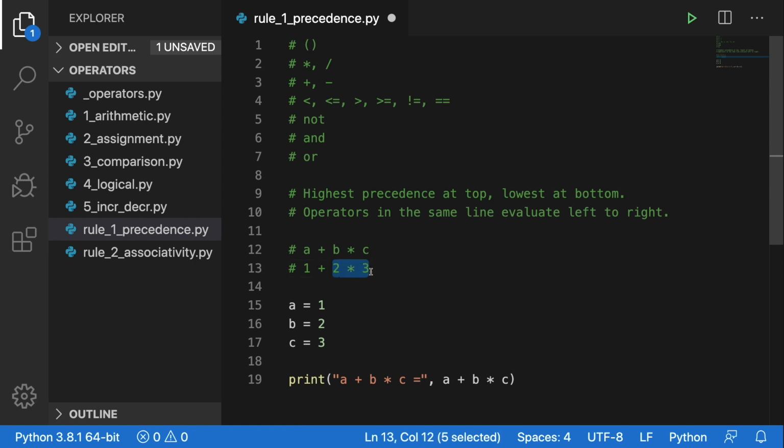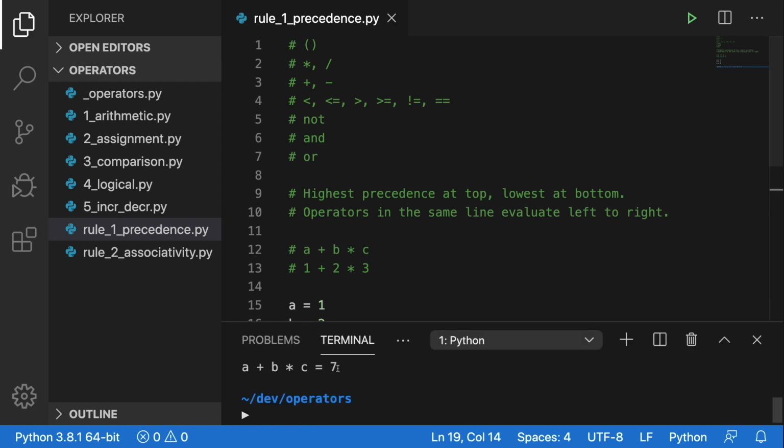So it should be, based on the precedence table, 2 multiplied by 3 and then add 1 to it. So this is 6 plus 1, 7. And yes, this is 7.